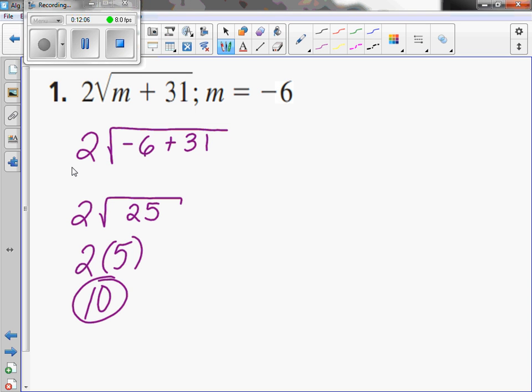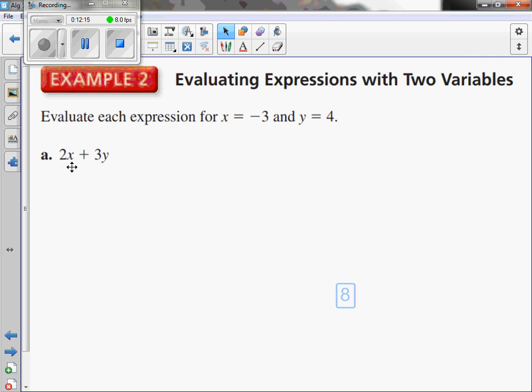So we good with everyone? All right, let's look at the next one. Okay, so this is slightly different than the one we did. The only real difference is what? We have 2 variables instead of 1.